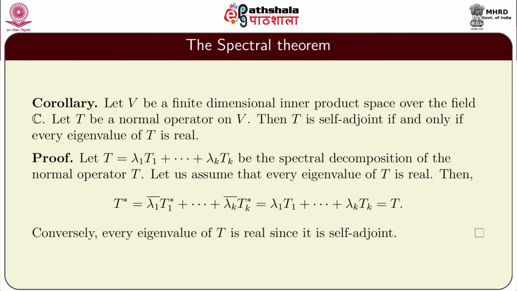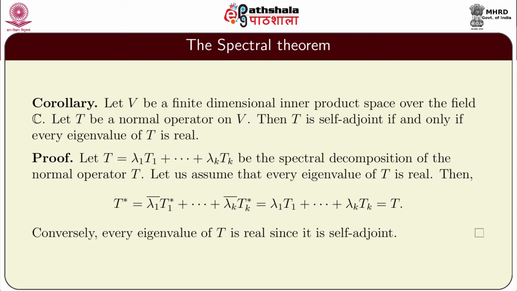Another corollary. Let V be a finite dimensional inner product space over the field of complex numbers. Let T be a normal operator on V, then T is self-adjoint if and only if every eigenvalue of T is real. Proof: let us write the spectral decomposition of the normal operator T given by T is equal to lambda 1 T1 plus so on up to lambda k Tk. Let us assume that every eigenvalue of T is real.